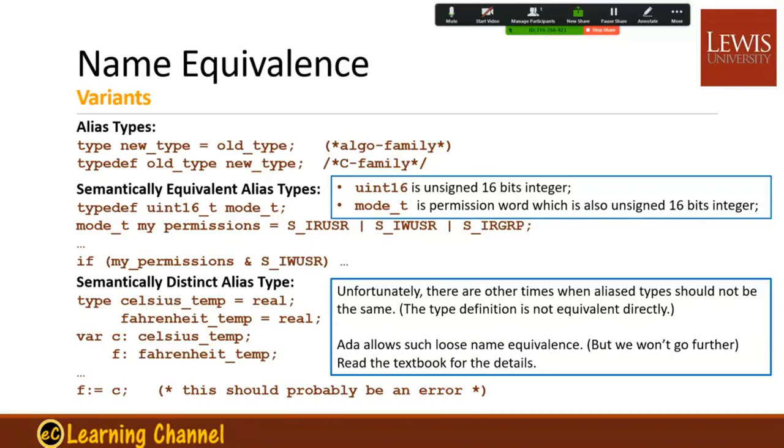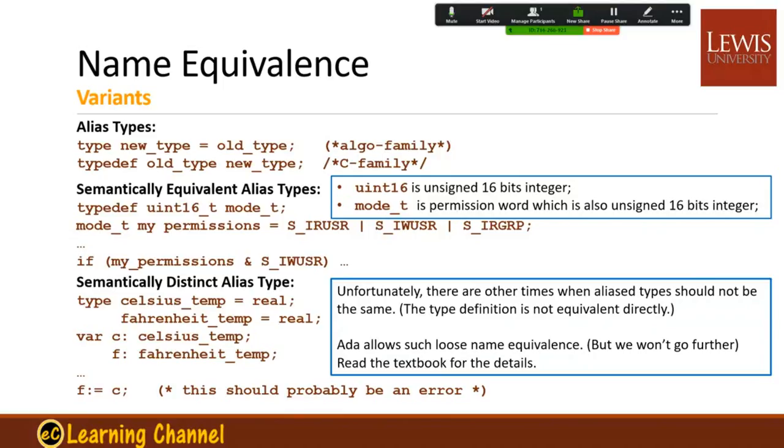That's the permission word, and that's 16-bit data. With my permission word and the setting of S_IWUSR, that is actually a constant for you to set or unset some bit-level flags. So the 16-bit unsigned integer and the mode type are actually equivalent alias types.